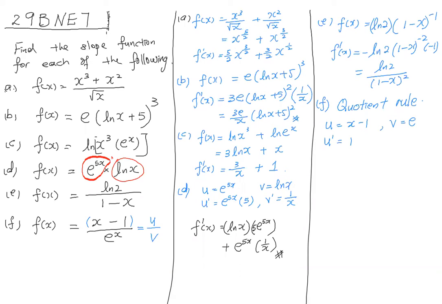That is e to the power x. So you have to get your v prime. Times 1, I put it. Okay, so everyone should know. If you want to get a habit, you have to do it like that so that you remind yourself that you have to times by the derivative of the power.